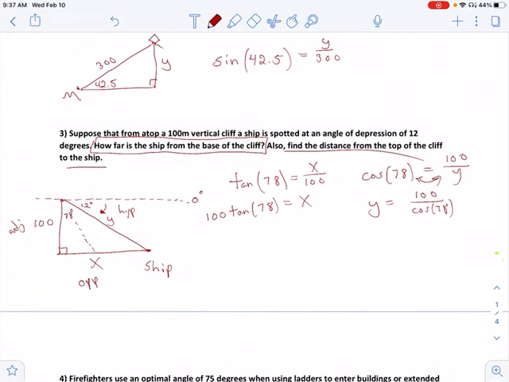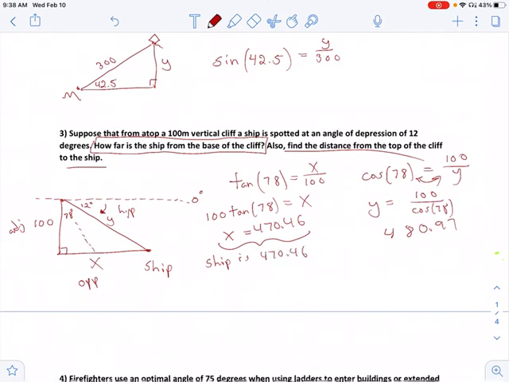So I'm going to plug these into my calculator. 100 times tangent of 78. Here I've figured out that x is 470.46, and then I have 100 divided by the cosine of 78, and I'm getting 480.97. So this x value was the distance from the base, so the ship is 470.46.